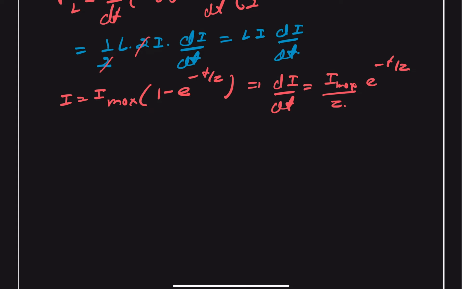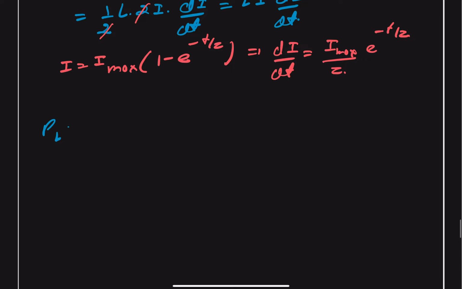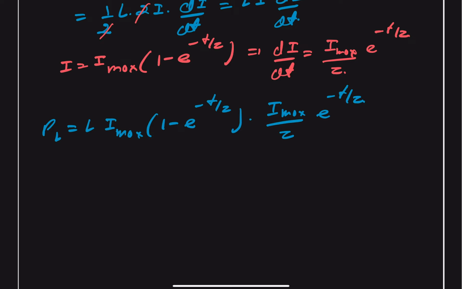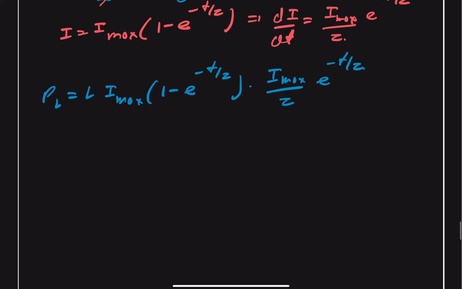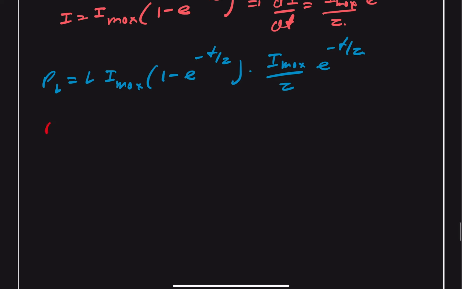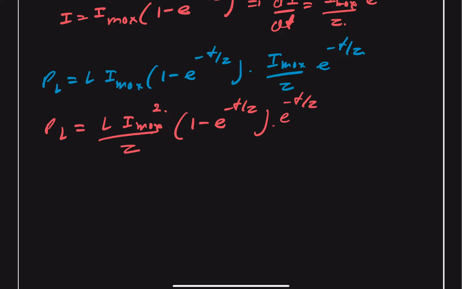So we substitute the values, we get P_L equal to L I max times 1 minus e raised to power minus t upon tau multiplied by I max divided by tau and e raised to power minus t upon tau. We can simplify it a little bit. We can write this as P_L equal to L I max square divided by tau, times 1 minus e minus t upon tau, and e raised to power minus t upon tau.